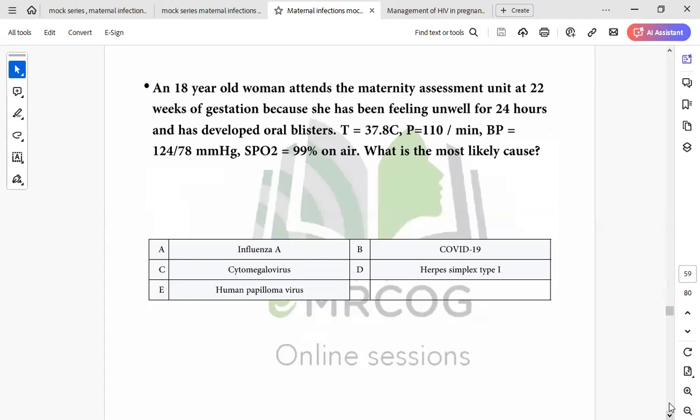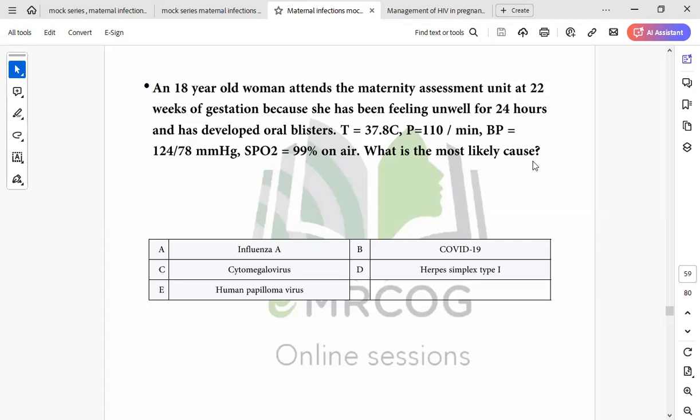Can you guess the code for this? Yeah, likely it would be herpes simplex, right?